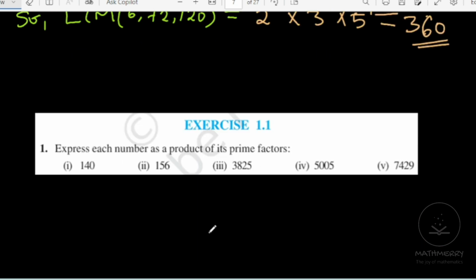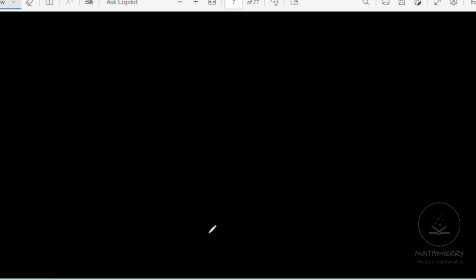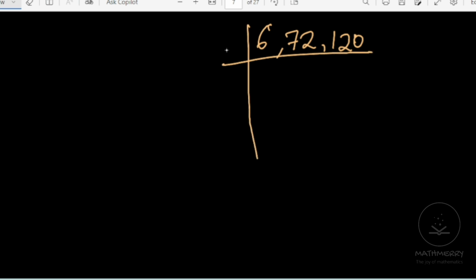Now if you're curious about how to find the HCF and LCM directly, this is a method. We just write 6, 72 and 120. Now all three numbers are divisible by 2, so I will divide first with 2. 6 divided by 2 is 3, 72 divided by 2 is 36, and 120 divided by 2 is 60.